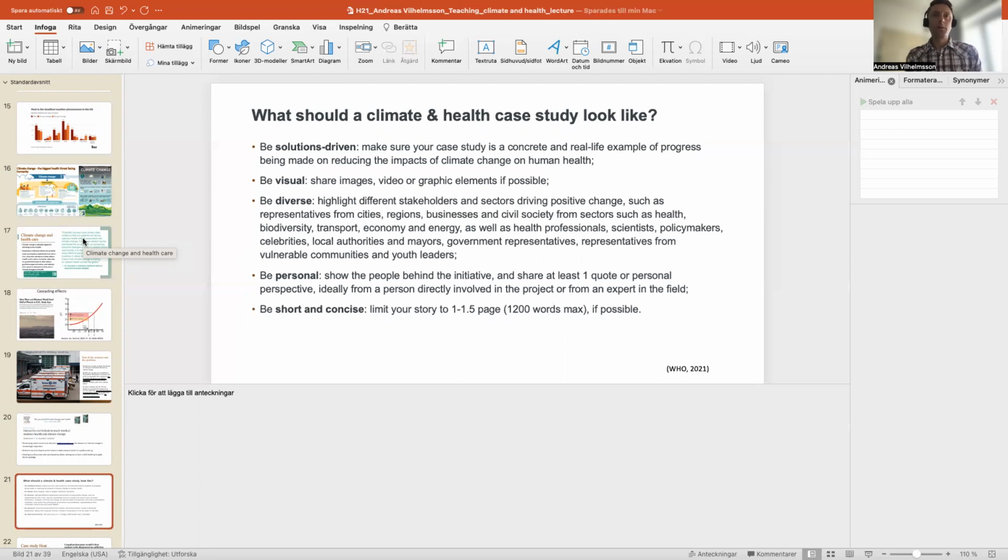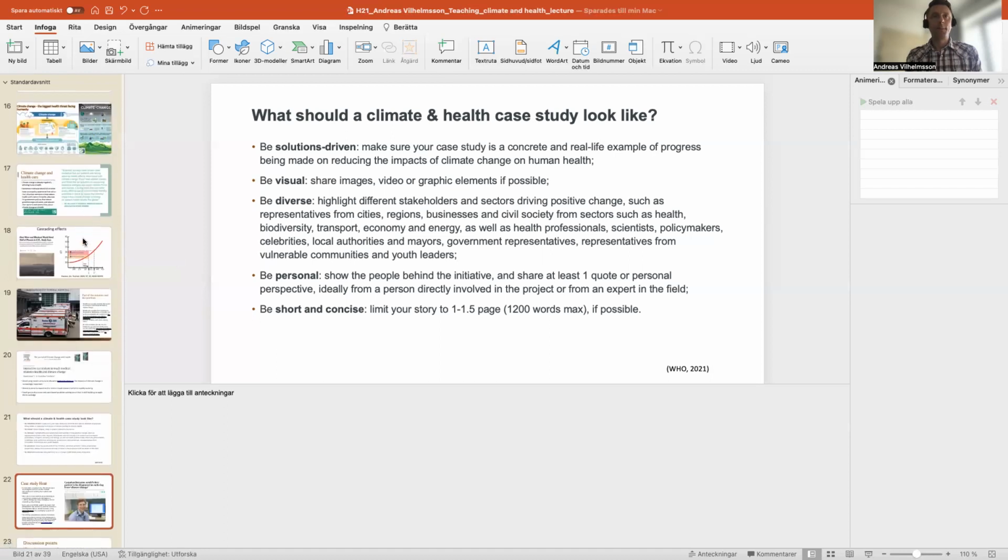It should also be diverse, so that we can highlight different stakeholders and sectors that are driving positive change, such as representatives from cities, regions, businesses, and civil society, in different aspects that concern public health. It should also be personal, to show the people behind the initiative and share at least one quote or personal perspective, ideally from a person directly involved in the project or from an expert in the field. But it's also very important that it is short and concise, not more than 1.5 pages or something like that.